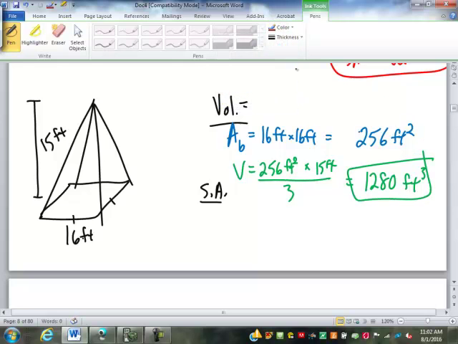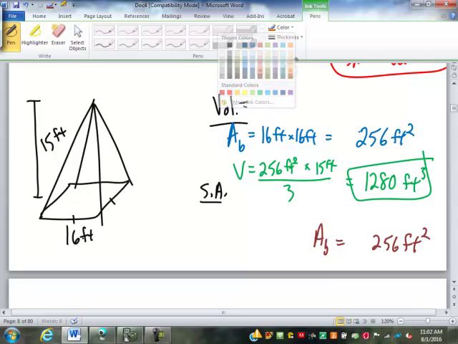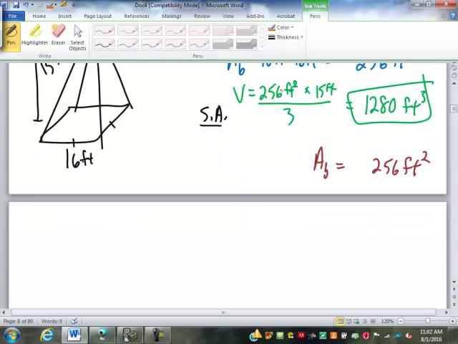So for surface area, we have the area of that base, which is 256. We also need to know the perimeter of the base, which is just going to be 16 plus 16 plus 16 plus 16, right? Just adding up all the way around. Adds up to 64 feet.